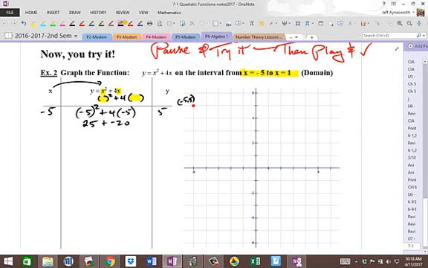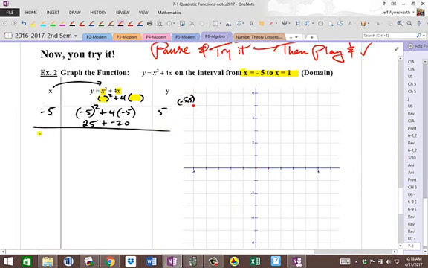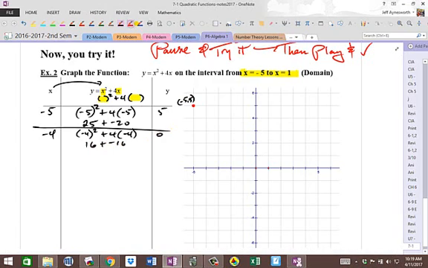Then I'm going to substitute -4. So -4 squared plus 4 times -4 is 16 plus -16, which is 0. So -4, comma 0. I'm just labeling my points as I go.